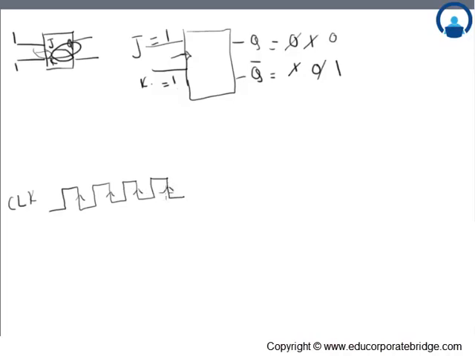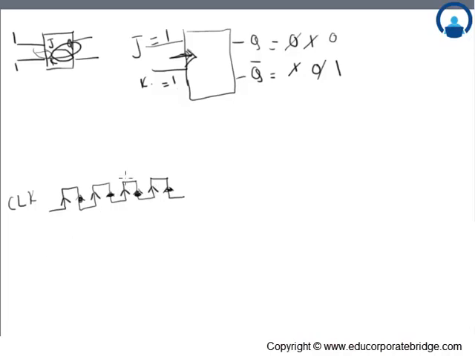As we can see from the symbol of the clock pulse, which is positive edge triggered, the output state of Q will change only when the clock changes from 1 to 0. Oh, I'm extremely sorry, I've made a mistake. This is not the rising edge. This is the rising edge, rising edge, rising edge.